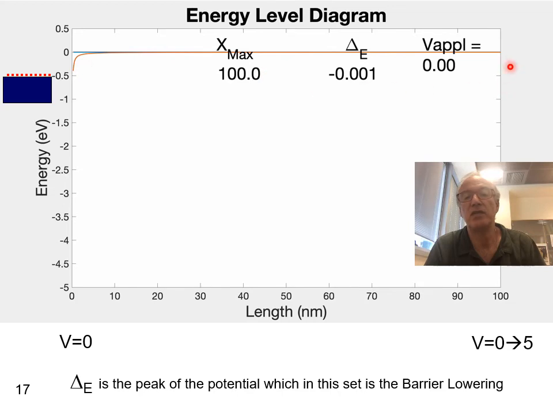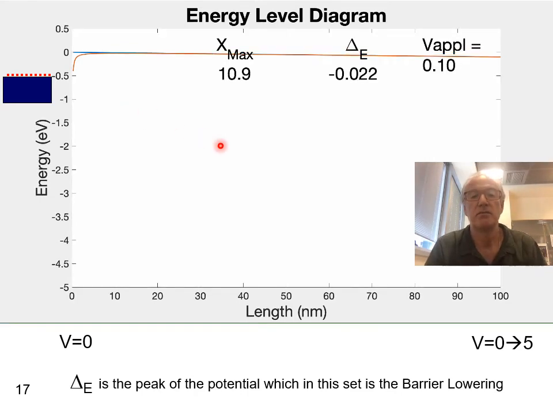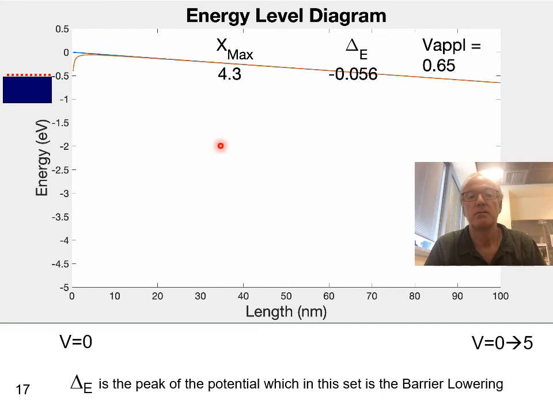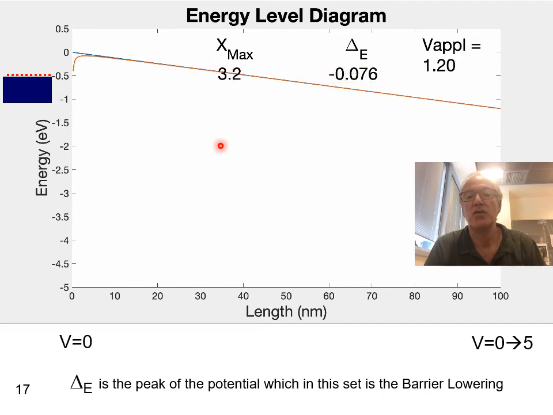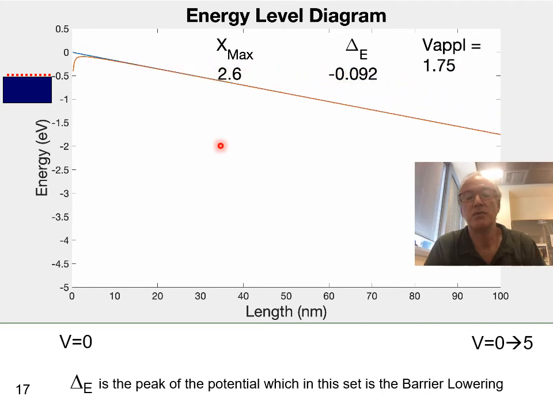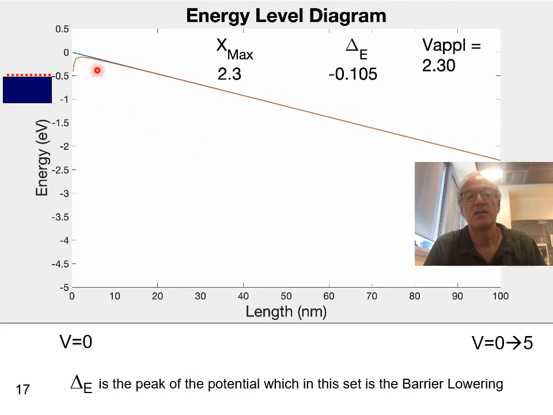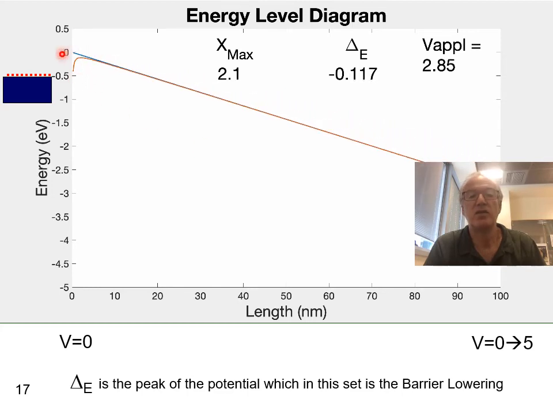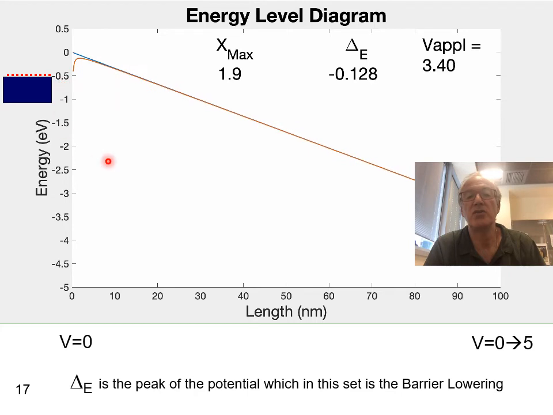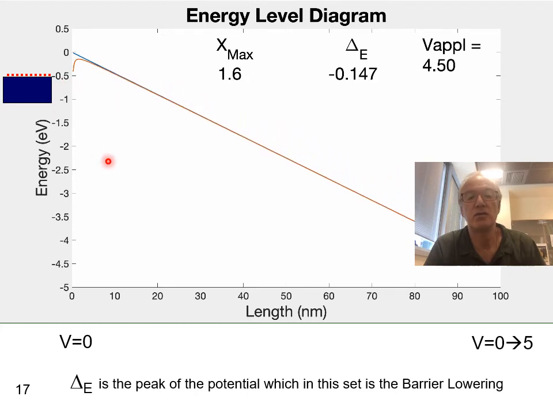And at first it is at the end of the device, but then it will gradually move towards the contact, and this would reflect the barrier lowering, which is actually the peak of the red curve. And you can see how the barrier lowering is going up, and really at some stage all the action is on the nearest nanometers close to the contact.